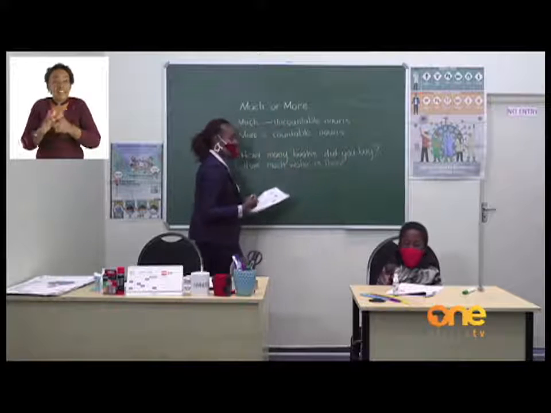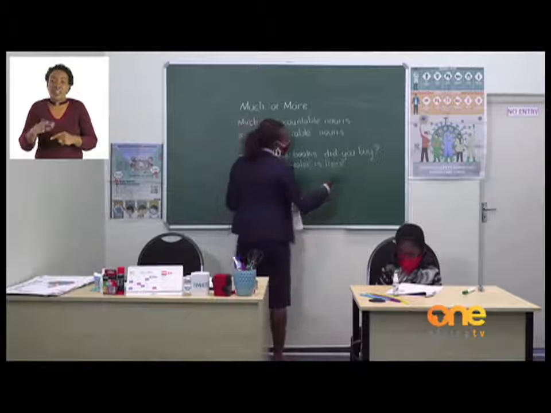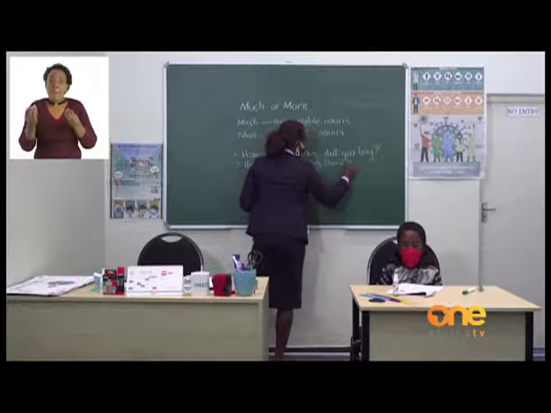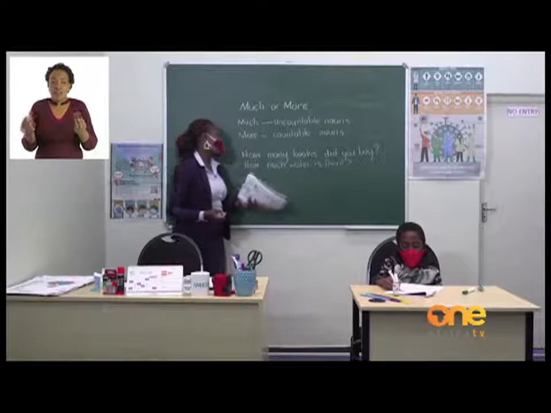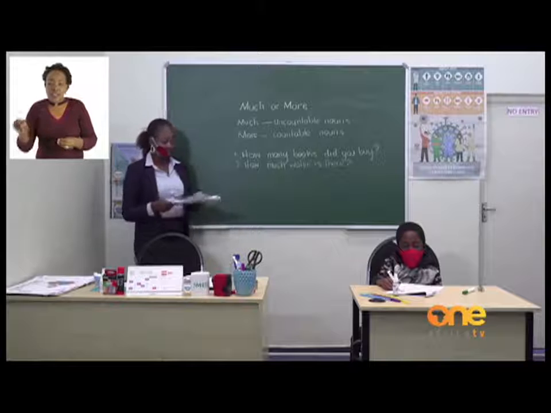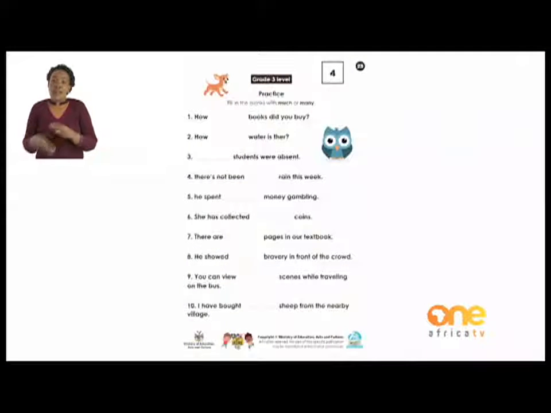It's also a question. So we put a question mark at the end of the sentence. Now I want you to do number 3 up to 10 on your own from our booklet. That's all about much or more.